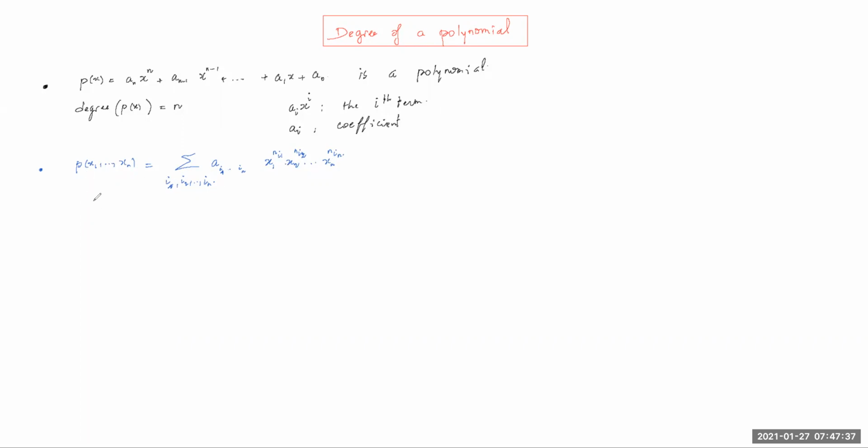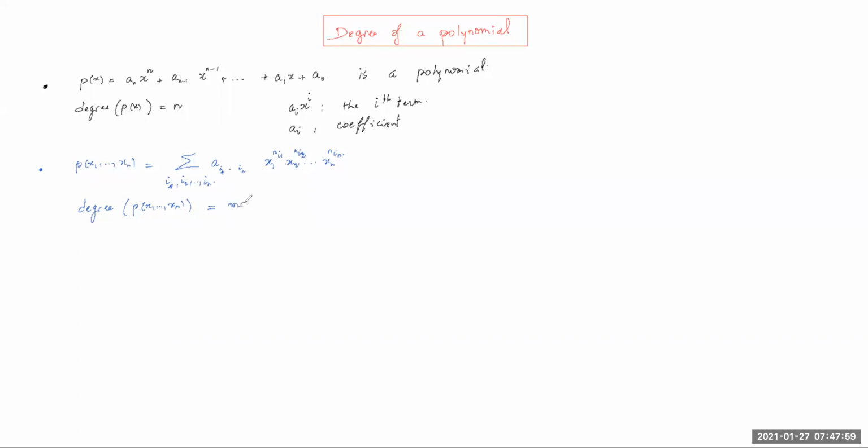The degree of these several-variable polynomials will be the highest sum, the maximum of n_1 plus n_2 plus up to n_n.